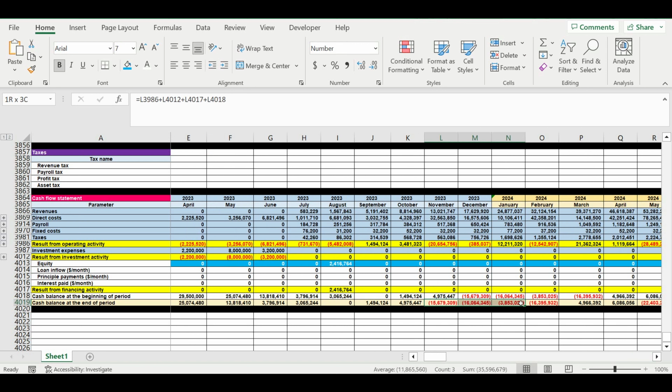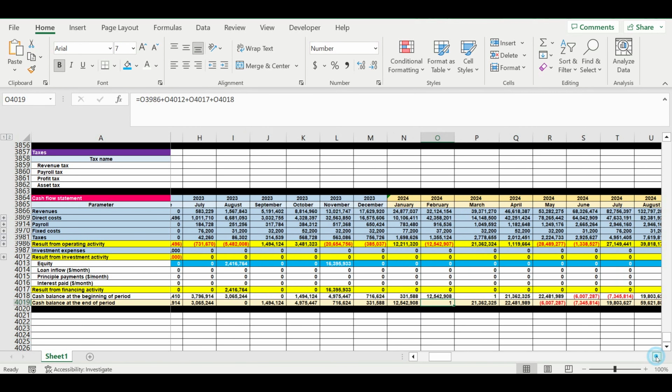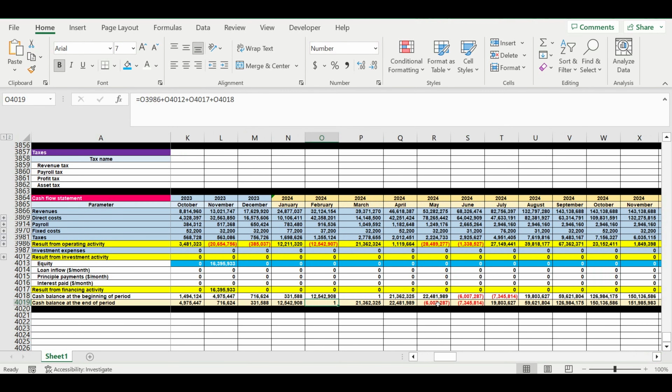And here we have an additional cash gap, and this cash gap will be 16395933. Okay, and we do have some small cash gap here, and we can, for example, finance here.